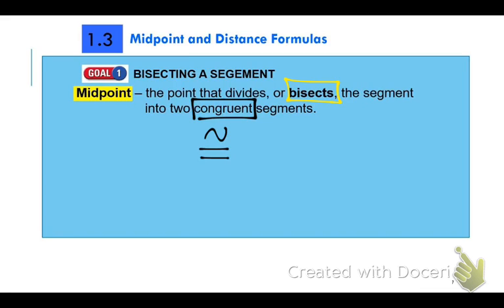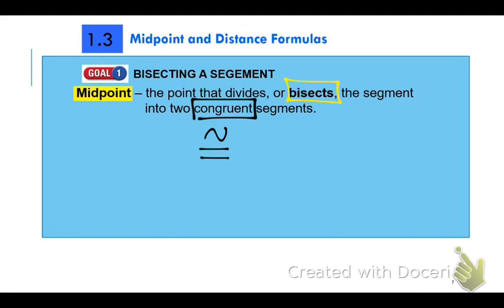So think of bisect as cutting something, and then think of the prefix. If you were bilingual, that means you know 2 languages. So you're cutting something into 2 congruent pieces. So bisect, which is on your paper, means cutting something into 2 congruent halves.